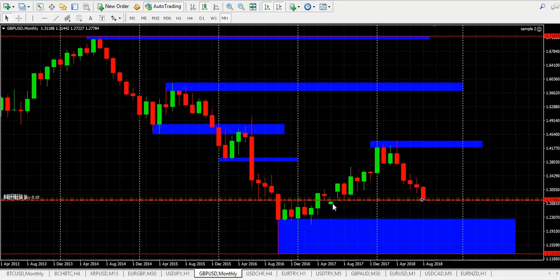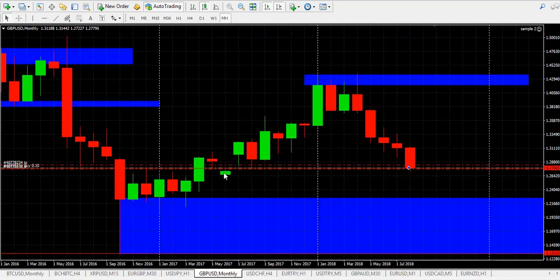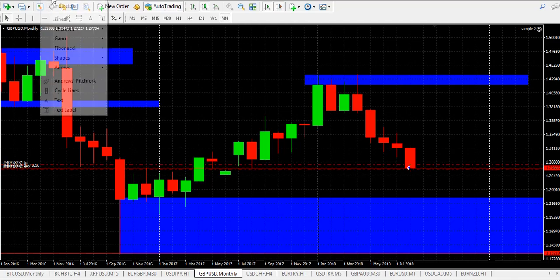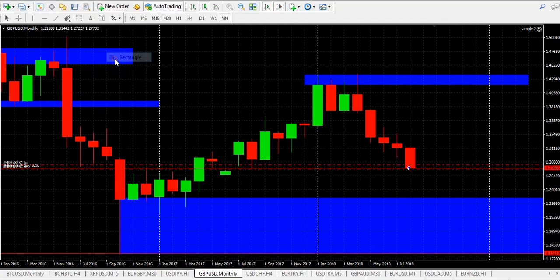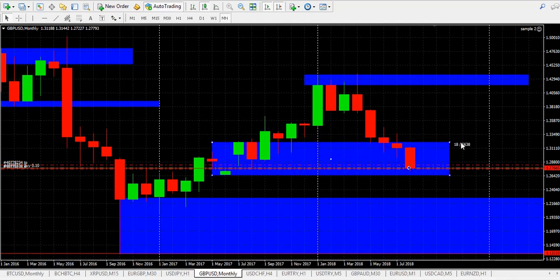You can see right in here there's a gap. As far as that goes, you can pretty much just highlight this whole area, the whole gap. What's so important about that gap? That gap means there was volume there.